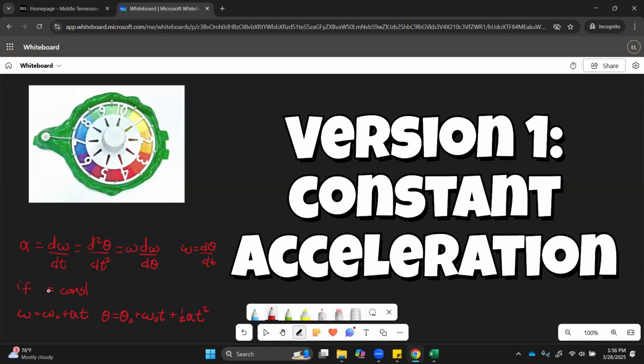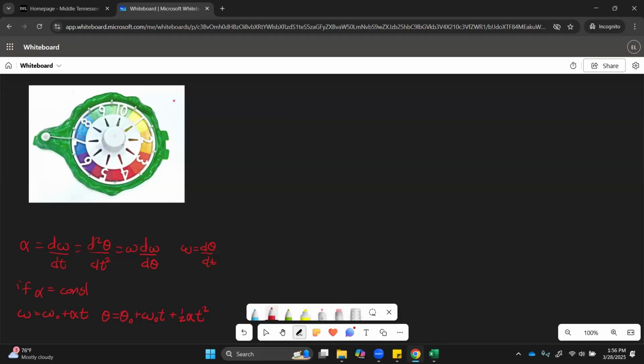So we'll start now with this Game of Life spinner. Say we're given the initial velocity that we start the wheel spinning with, and that it starts in the position shown, and then a deceleration.